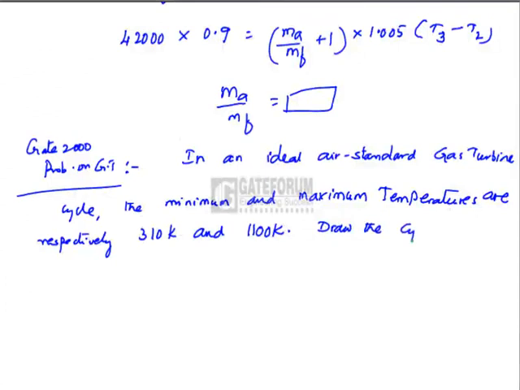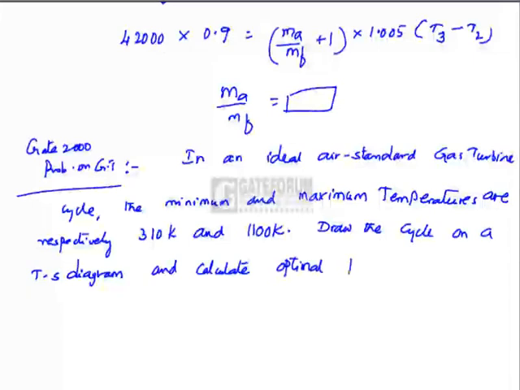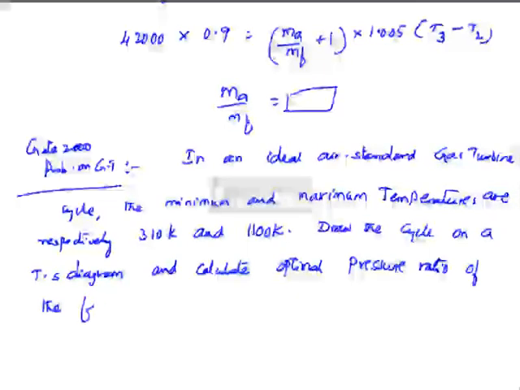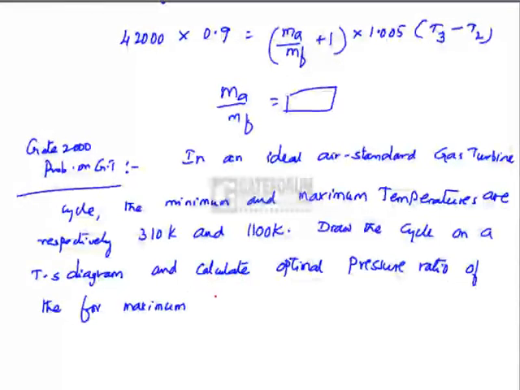Draw the cycle on a TS diagram and calculate the optimal pressure ratio of the cycle for maximum work output.